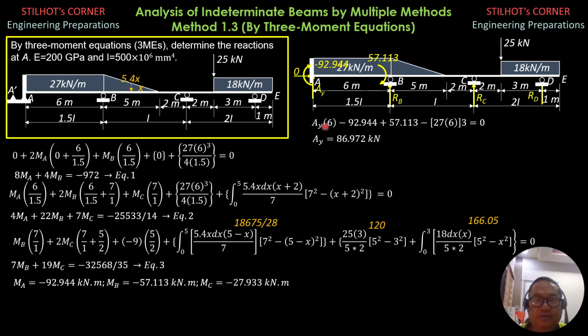AX 0, AY 86.972 kilonewtons, and moment at A is negative 92.944 kilonewton meter. So that's it for this video. Because I solved this by multiple methods, the three moment equations is the method that has the shortest solution. That's it.